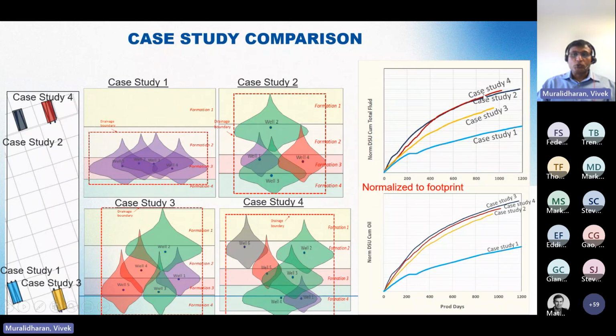The total fluid in all the other case studies comes out higher, even with the different timing of development; it's still beating the straight ones. Even if you have done case study 1 with Gen 2 completions, your overlap is already pretty high, so you would expect maybe a very minor upside in production, but not a whole lot, even if you increase the completion size by a whole lot.